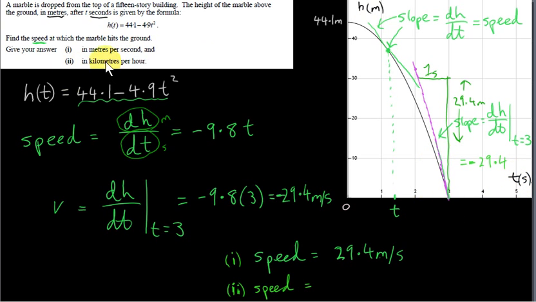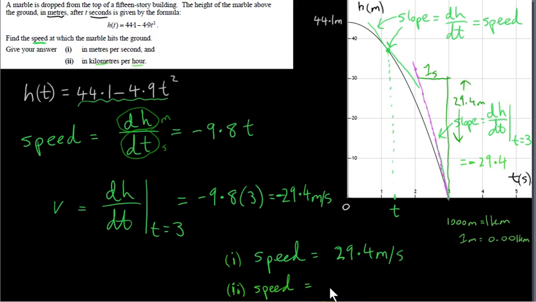In the second part, we want to convert the speed from meters per second to kilometers per hour. Well, to do that, we need to know how many meters are in a kilometer. There's 1,000 meters in 1 kilometer, and to get 1 meter, we just divide 1 by 1,000, which is 0.001 kilometers. That's 1 meter.